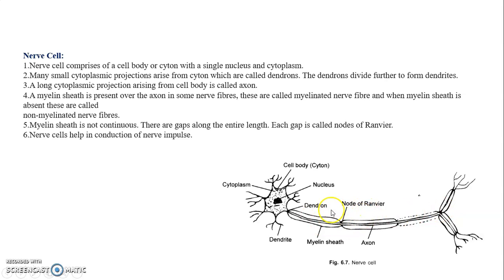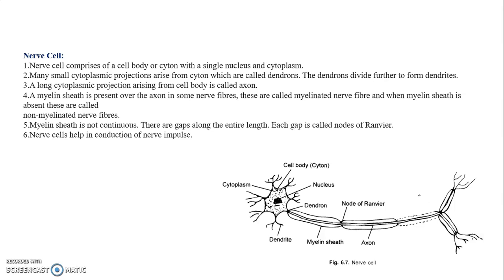A myelin sheath is present over the axon in some nerve fibers. This covering along with the axon is called the myelin sheath, which is mainly composed of lipid. They are called myelinated nerve fibers, and when the myelin sheath is absent, they are called non-myelinated nerve fibers.